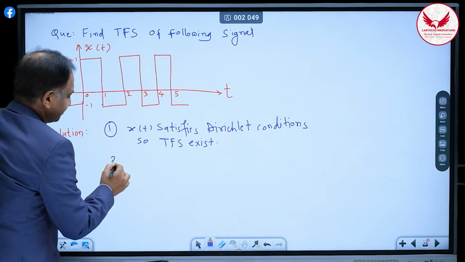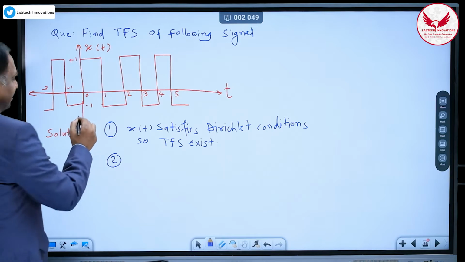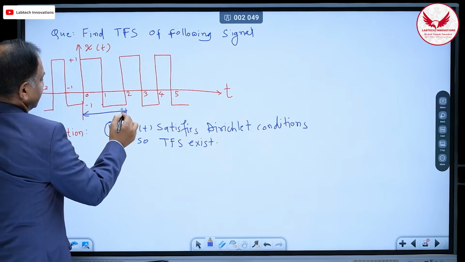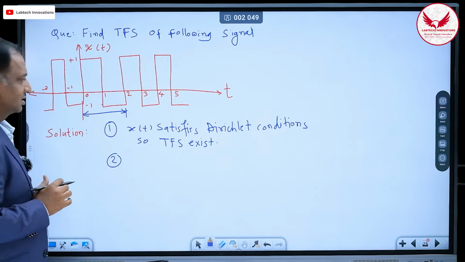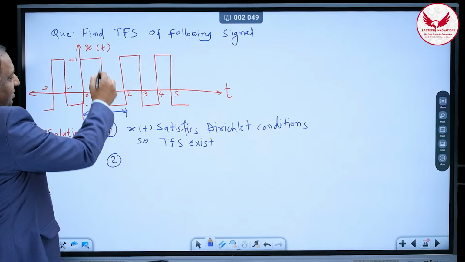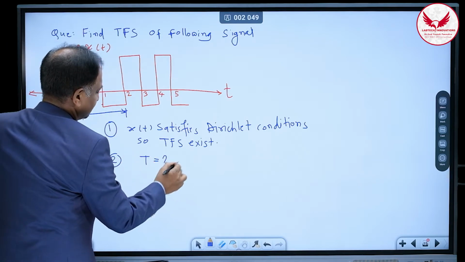The second step is very important. You find out the time period, because that we require. One positive and one negative cycle constitute one time period. So the total time period for one complete cycle is T equal to 2.